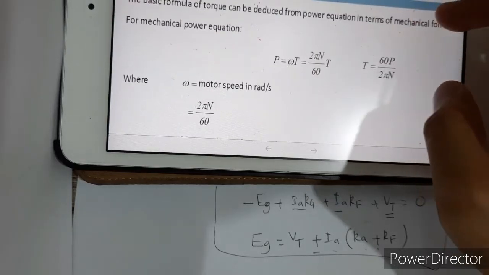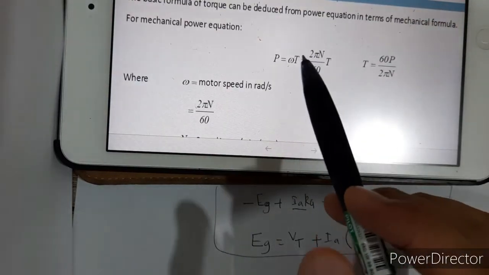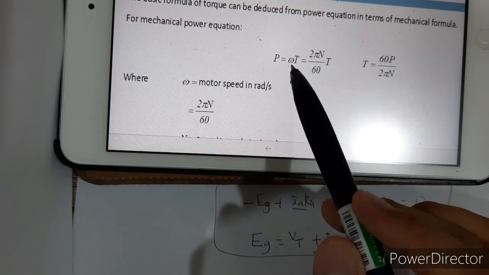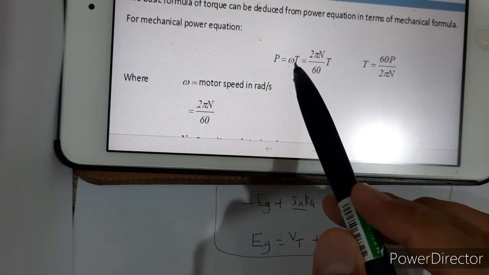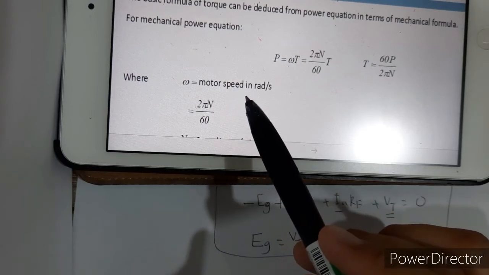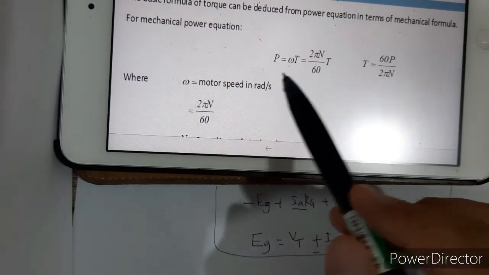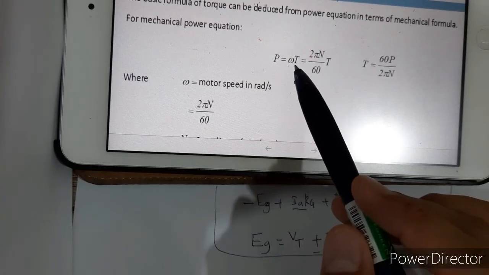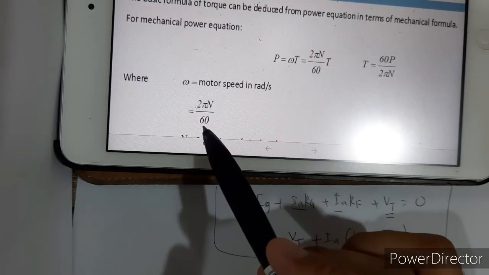So torque, the equation for torque is P equals omega T. Omega is in the unit of radian per second, which is speed in radian per second, and omega equals 2 pi n over 60.